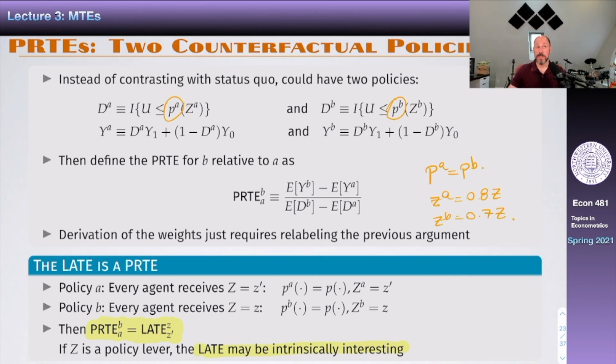With the policy relevant treatment effect, which requires you to identify the marginal treatment effect, which, as you can see, requires stronger assumptions, you can evaluate all sorts of policies. As I said, you can keep the propensity score the same. You can change it. You can consider different Z's that are like fractions of other ones that you had before.